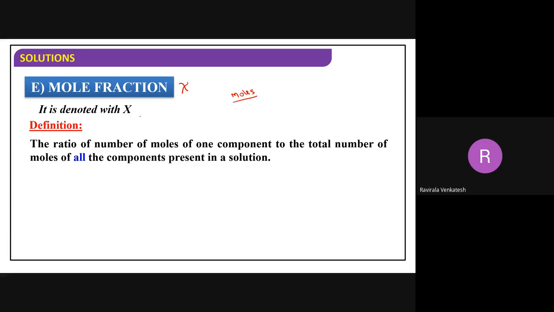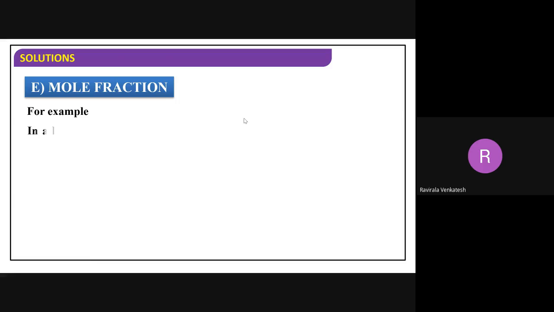The ratio of the number of moles of one component to the total number of moles. Total number of moles means the number of moles of solution. That means how many moles of solute are present in the given total number of moles of solution. That is called mole fraction.